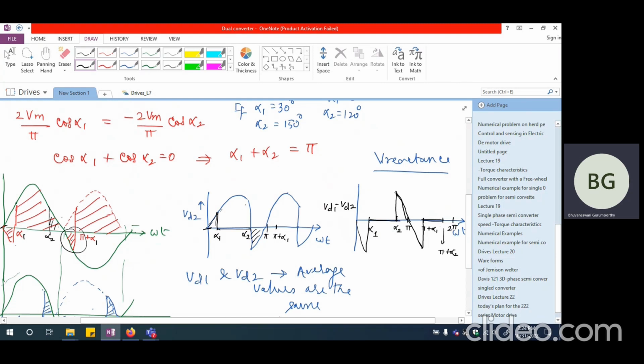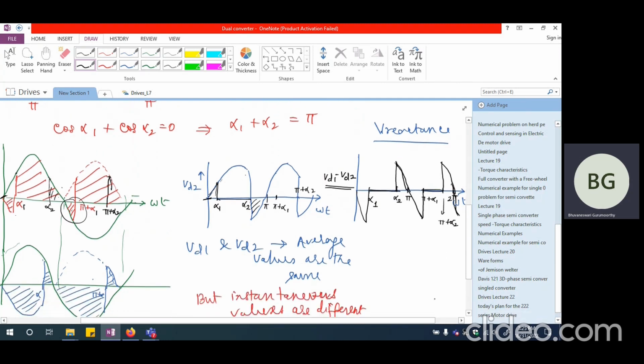This is alpha 2 and this is pi plus alpha 2. At pi plus alpha 2, you have a positive voltage in VD1 and a negative voltage in VD2. So VD1 minus VD2 is again a big positive value, and then it extends on the other side like this. This is the kind of voltage you get across the reactance.